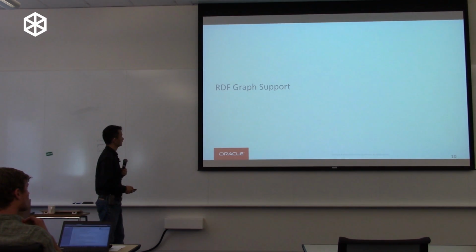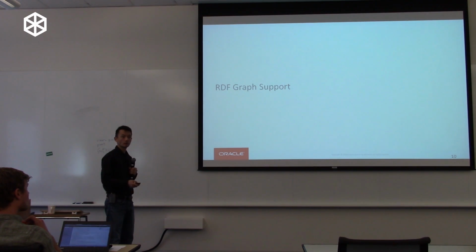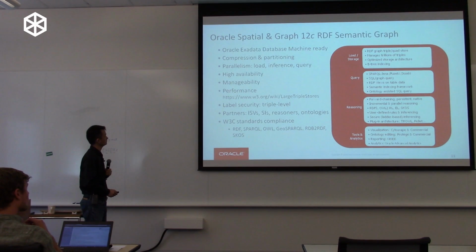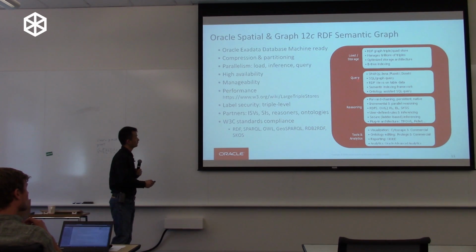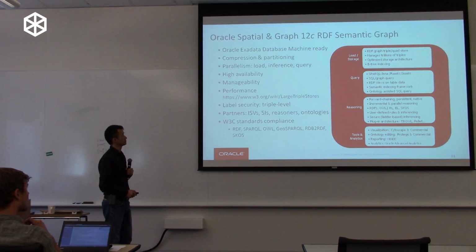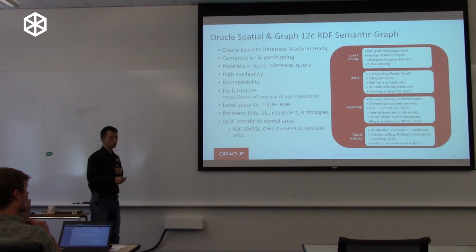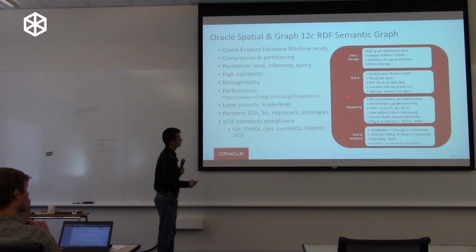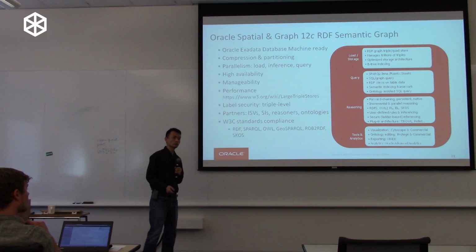Now, to give you a quick overview of the RDF graph support we have. There are 4 big categories of functions, right? We allow you to load a graph, triples and quads, into the Oracle database. We support a variety of different ways to query the graph.